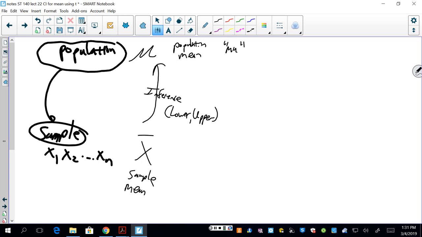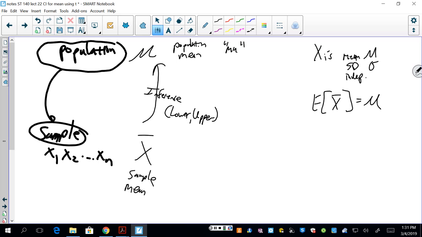If all the xi's have mean mu and a standard deviation sigma, and they're independent of one another, there are a few things that we know from probability theory about x bar. The expected value of x bar is mu, so on average our sample is giving us the right value.